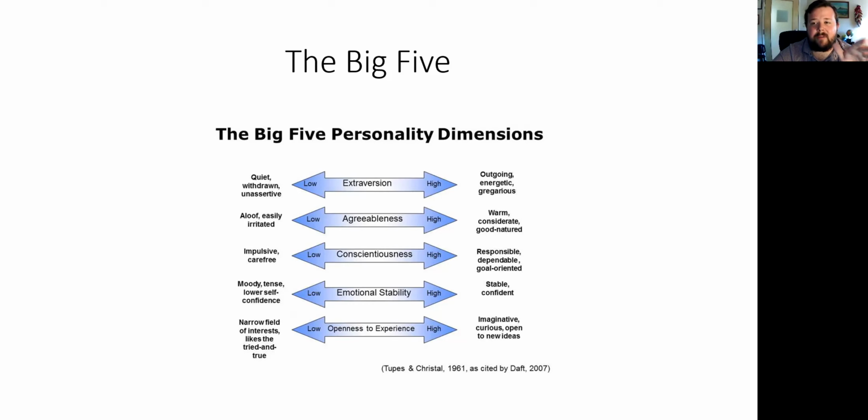One of the most common models is the Big Five, which utilizes some sort of spectrum. Depending on where one lies in that spectrum, we get some sort of profile to help explain that person. The five characteristics that the Big Five utilizes are extroversion, agreeableness, conscientiousness, emotional stability, and openness to experience.